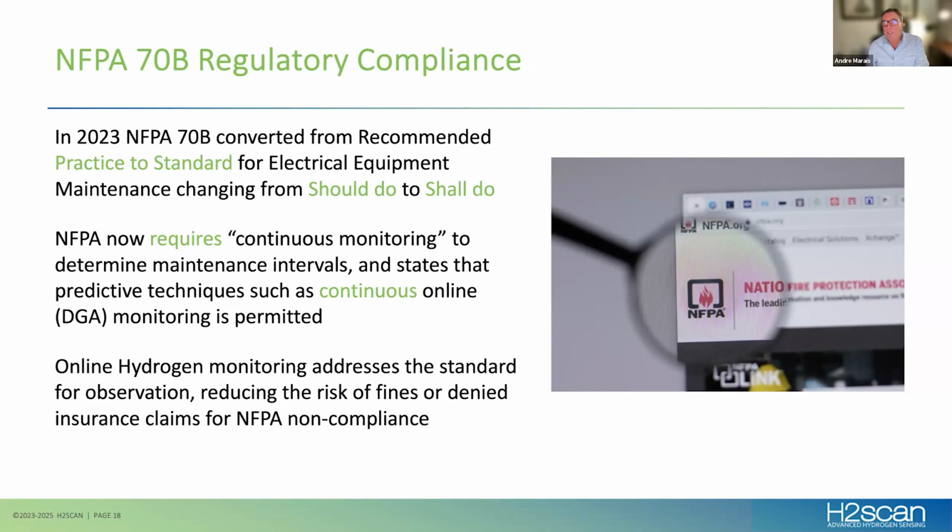And if you're using a system to collect, to collate, and to store the continuous online hydrogen measurements, as we'll show in a later slide, you also address the NFPA requirements for documentation of the information you use to determine your maintenance intervals.